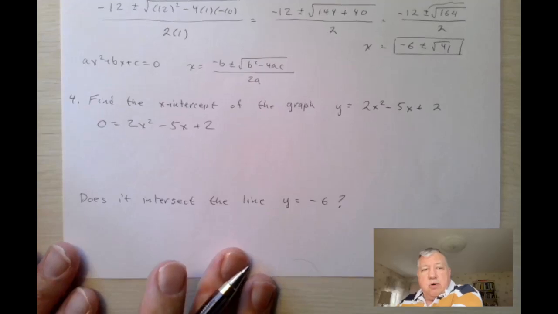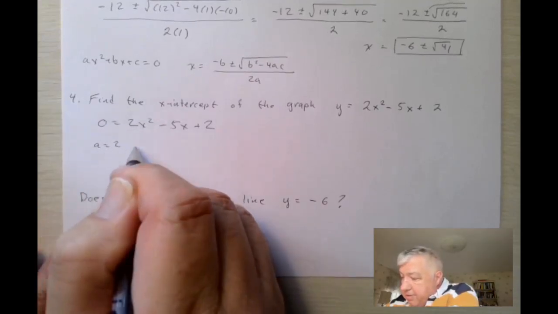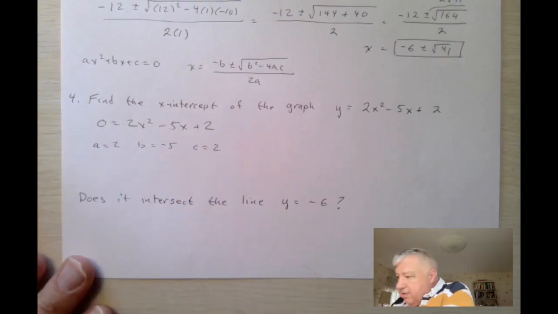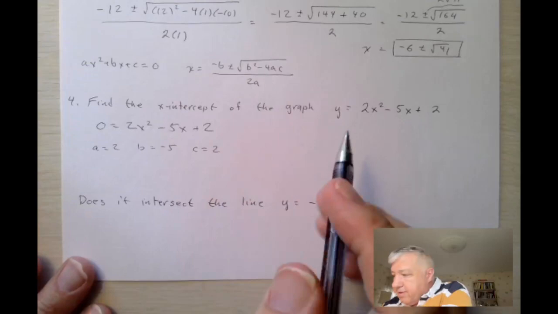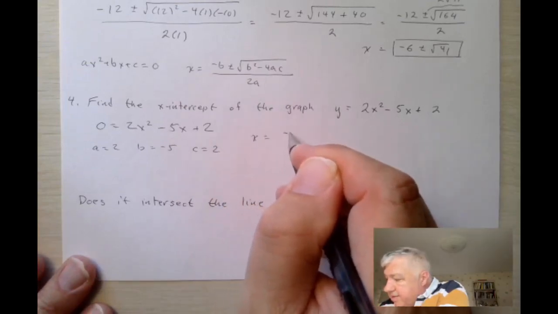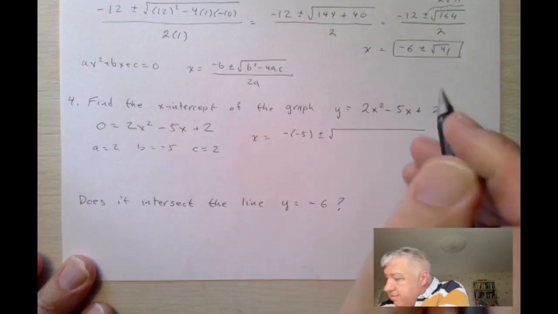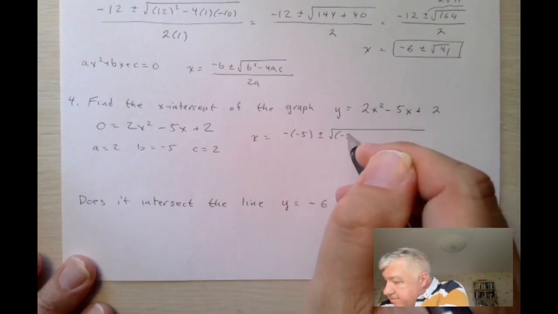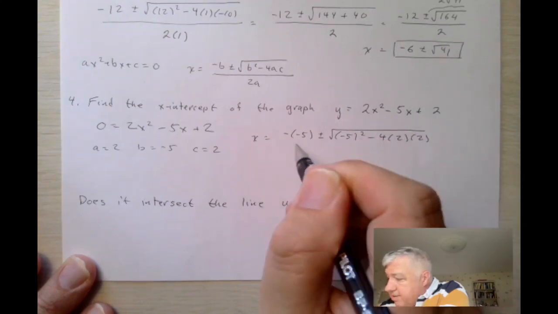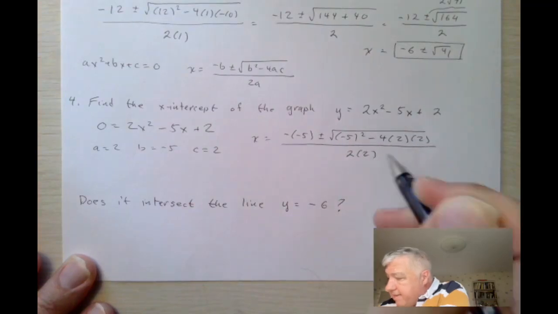So if we use the quadratic formula, in this case, a is 2, b is negative 5, and c is 2. So according to this, x would be minus b plus or minus the square root of b squared minus 4 times a times c, all over 2a.